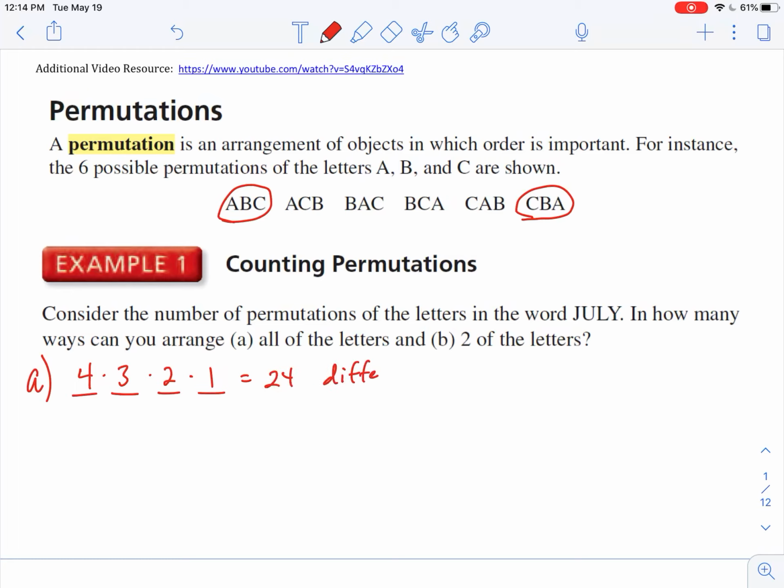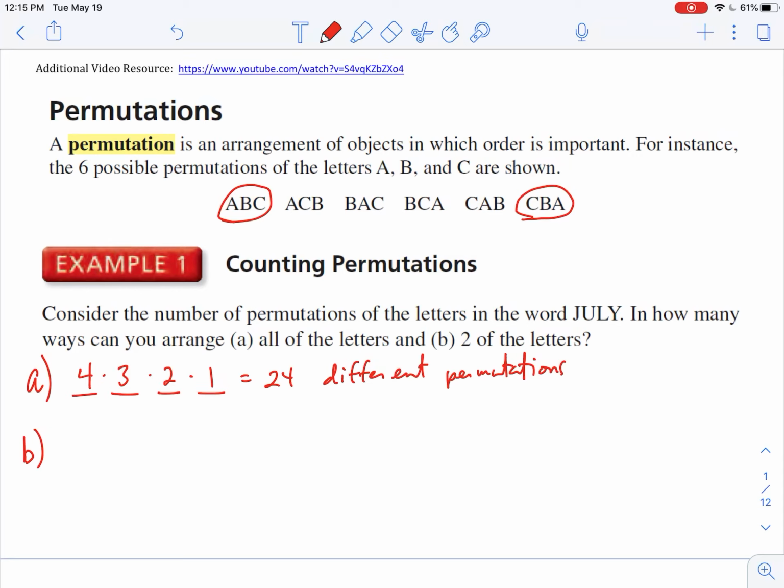24 different permutations. And that's an important word to keep track of because we're going to often get that confused with combinations. But there are 24 different permutations using the letters J, U, L, and Y, or using all 4 letters in the word July. Now, problem letter B is approaching it from a different lens. It's saying we're still going to use the 4 letters, but we only want to make combos that have 2 elements in it.